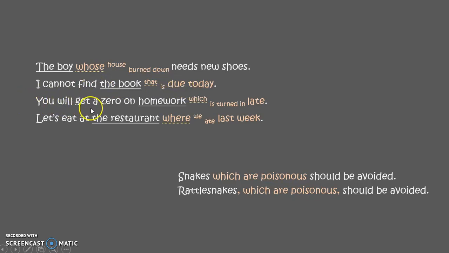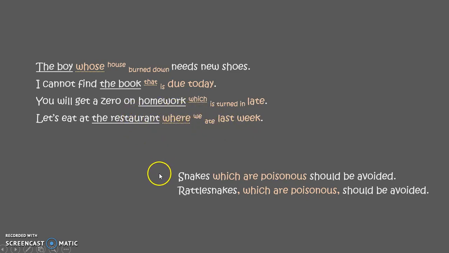If you tell your students you will get a 0 on homework which is turned in late, you want them to know which homework they need to be concerned about. And it's not all homework, it's the homework that's turned in late. And here again, in this last sentence, let's eat at the restaurant where we ate last week. You can see how I'm assuming that the person I'm talking to remembers this restaurant because we just ate there last week, and I want to clarify to them, and I feel like this is the best way to clarify it.